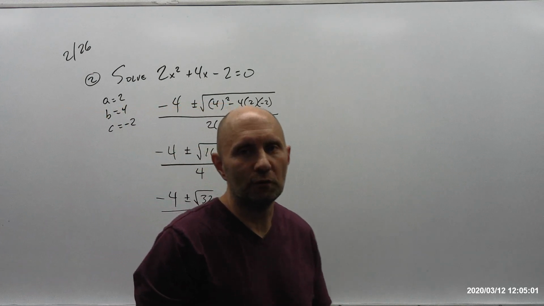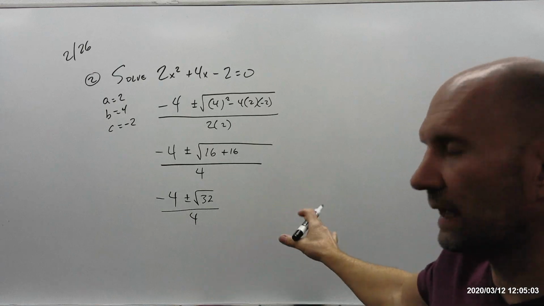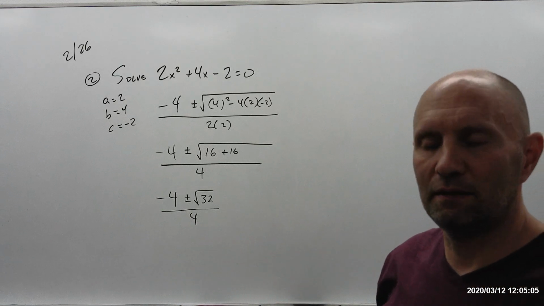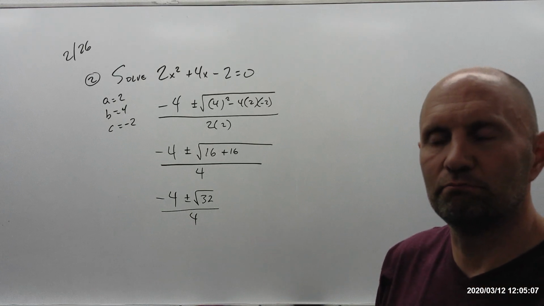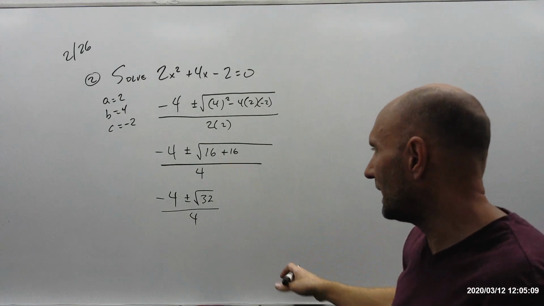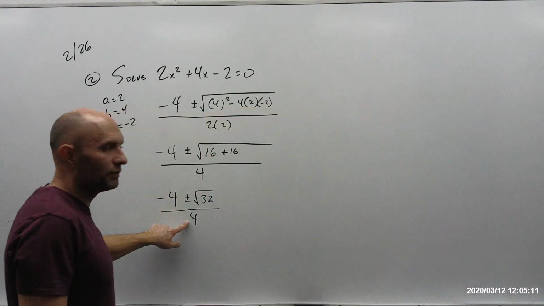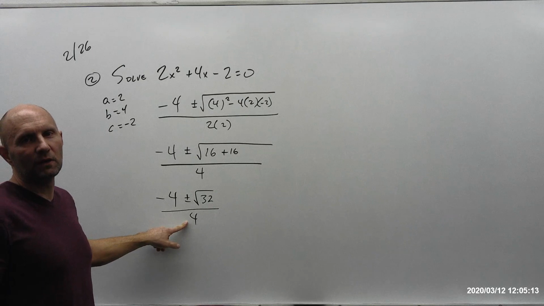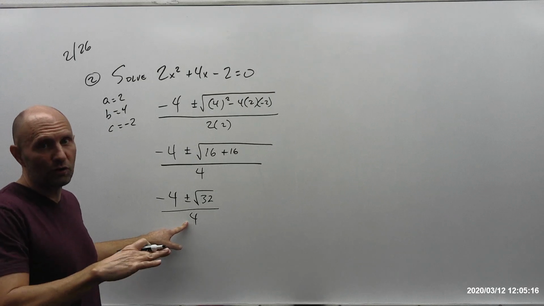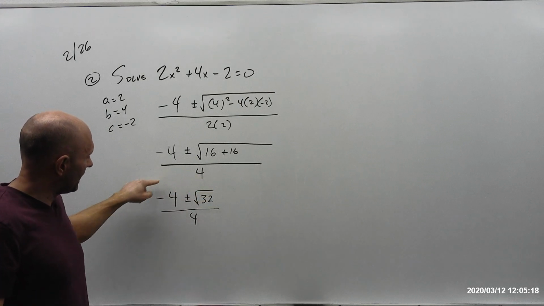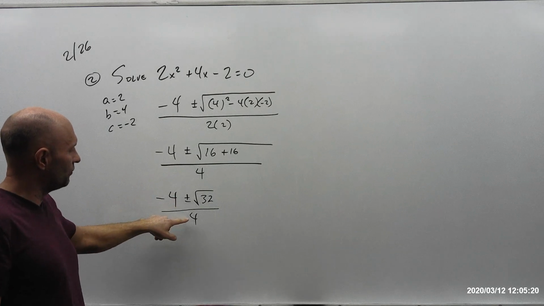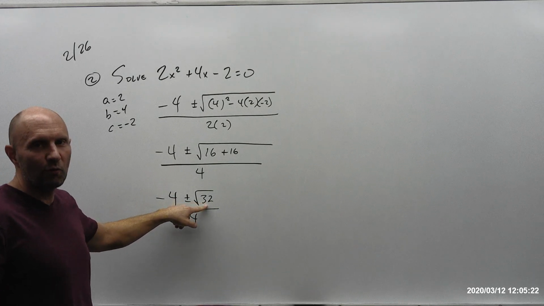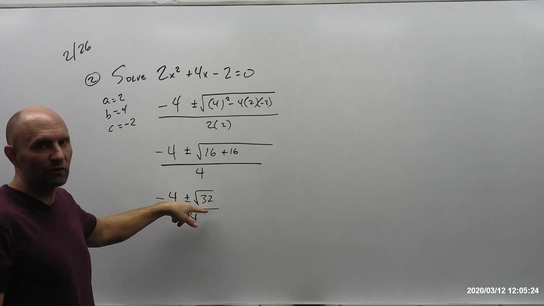Now be careful here. Most of you are pretty good at getting to this point, and then the cancellation becomes an issue. We cannot cancel this negative 4 with this 4. Remember what I keep telling you guys, everything or nothing. So if I can't cancel a 4 out of everywhere, I can't do it. I also can't cancel a 4 with the square root of 32.